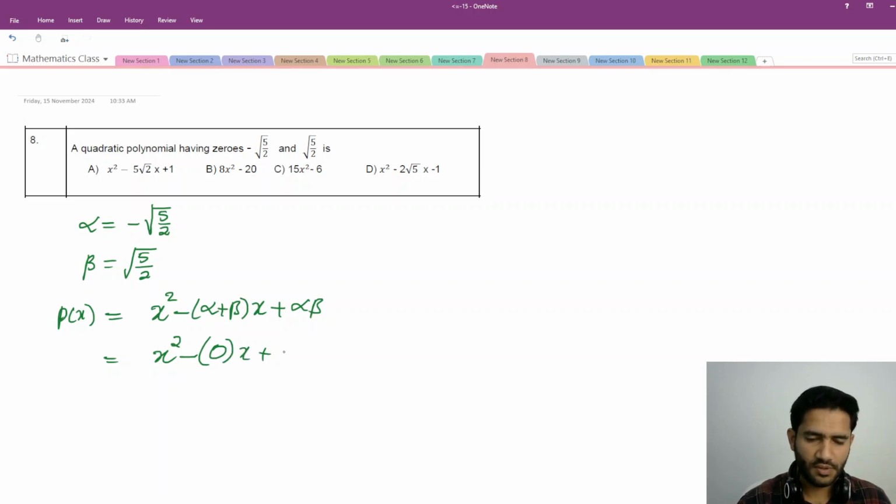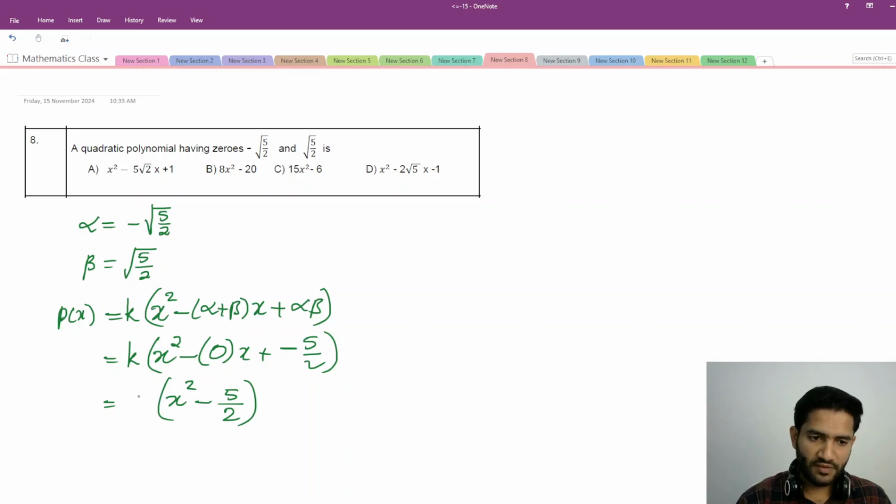Alpha into beta: alpha is negative, beta is positive, so the multiplication will be negative. Squaring the square root, we'll get the same term, minus 5 by 2. So we'll get x square minus 5 by 2. But this is not there in the options, so we can use a constant multiple. It's one polynomial, and we can create so many polynomials by multiplying with a constant.